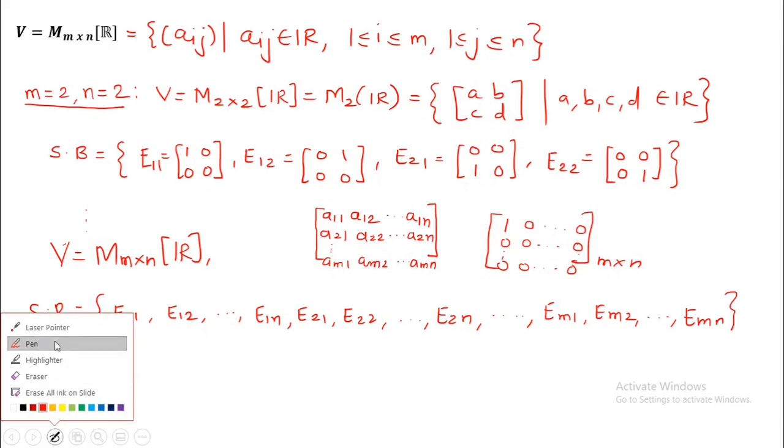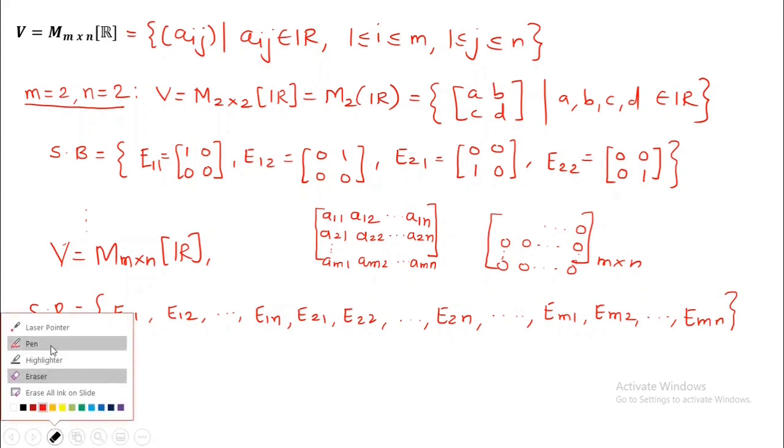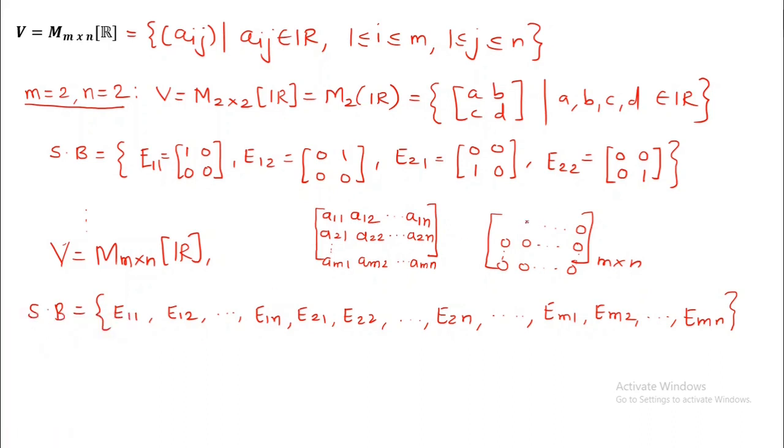Our E12 will be a matrix of order M by N. The only change will be we are going to have 1 at first row and second column position with rest of the entries to be 0. So you can understand the rest of the elements similarly. Note, this set is containing how many vectors? Mn vectors. Okay, simply note this.